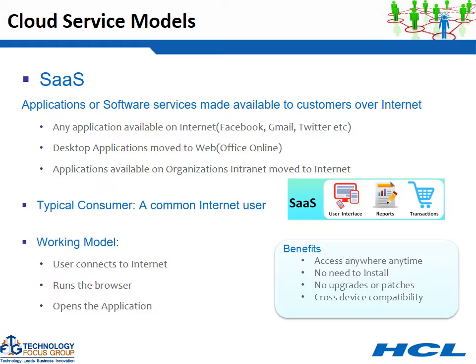The benefit here is that it's now available from anywhere and from any kind of device. You don't have to be on a VPN for the organization. A typical consumer for these services is a common internet user or organization employee who has been using the applications internally.